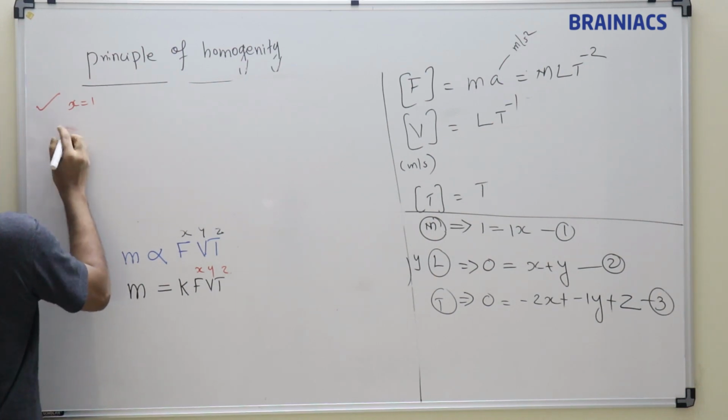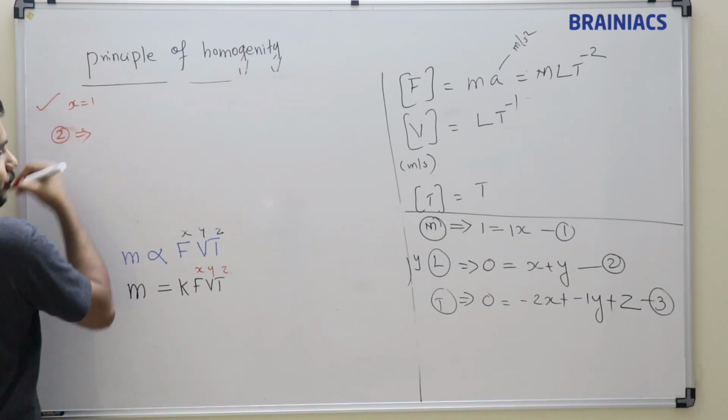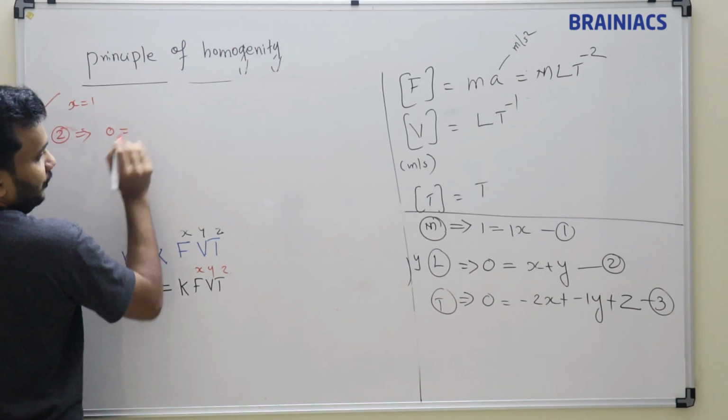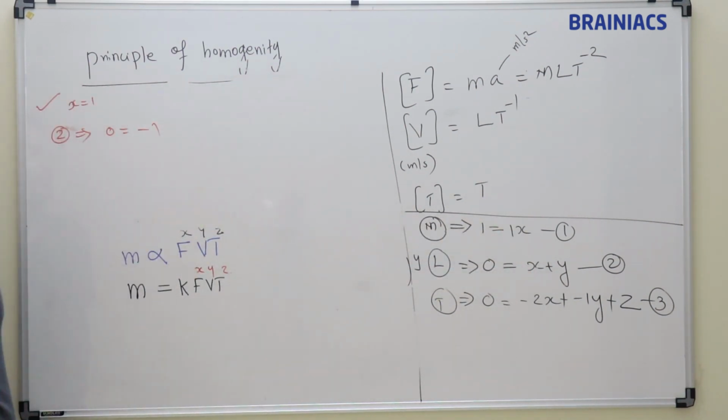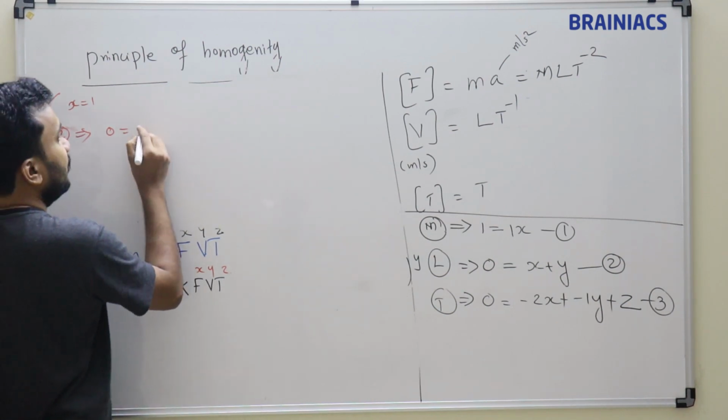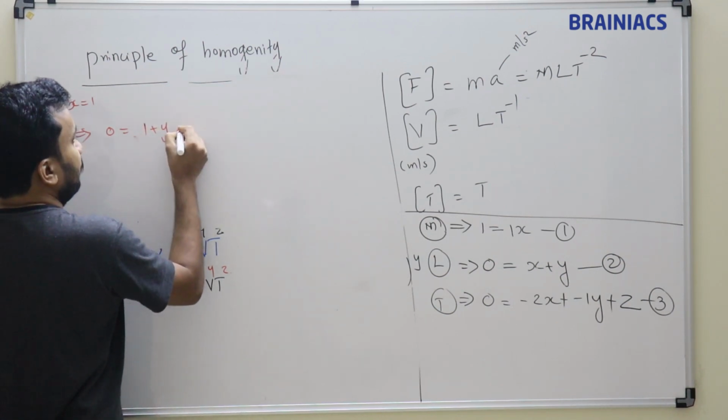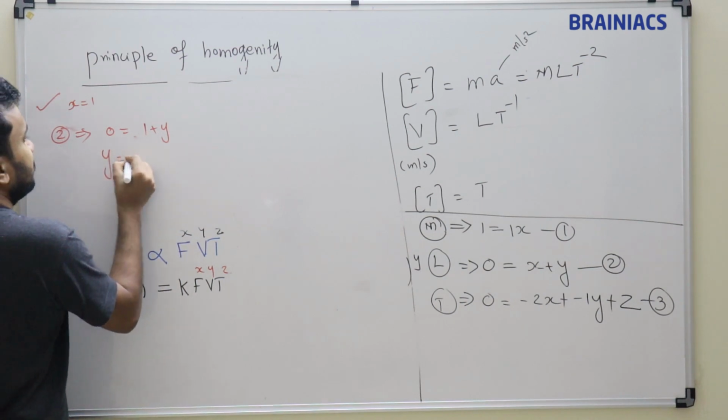So this is over. Now I substitute x equal to 1 in the other equations. Equation number 2 becomes 0 equals x plus y, so 0 equals 1 plus y. What do you get from this? y is equal to minus 1.